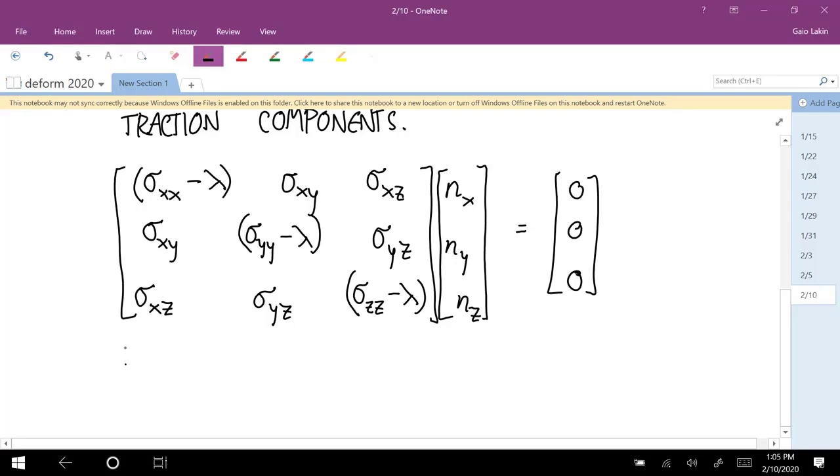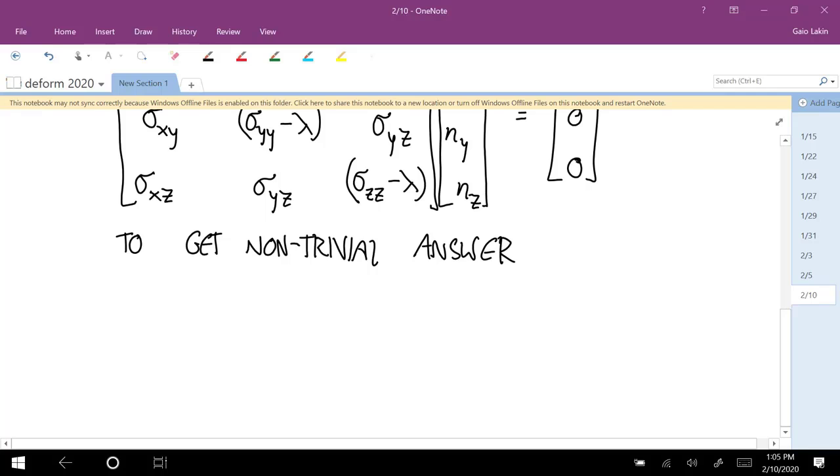And to get a non-trivial answer, we have to set the determinant of that matrix equal to 0.